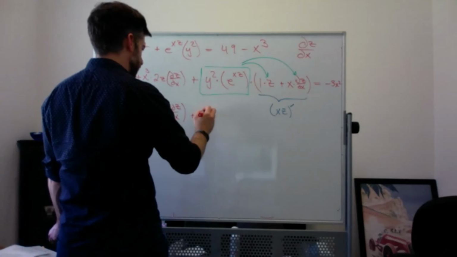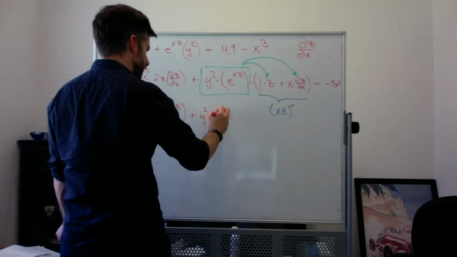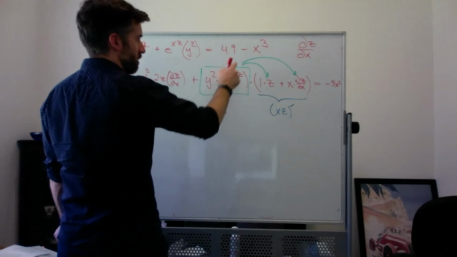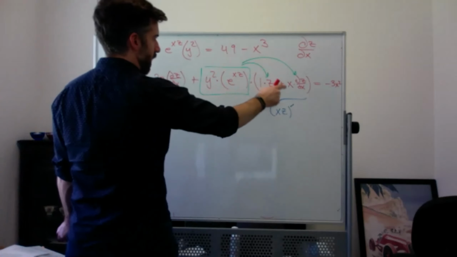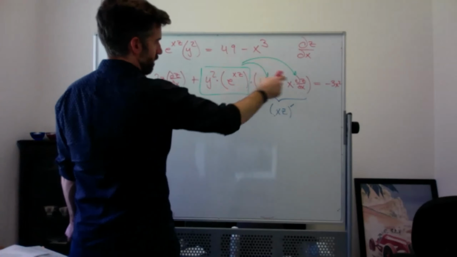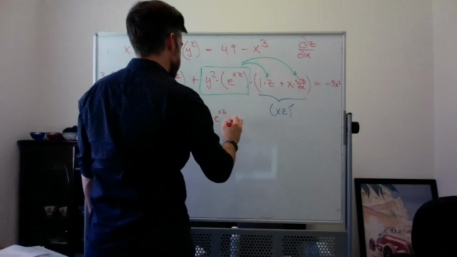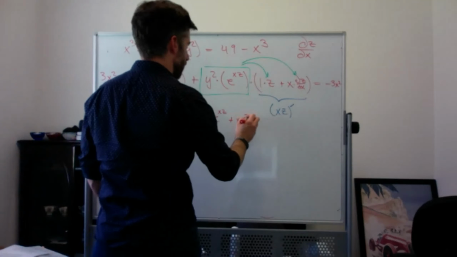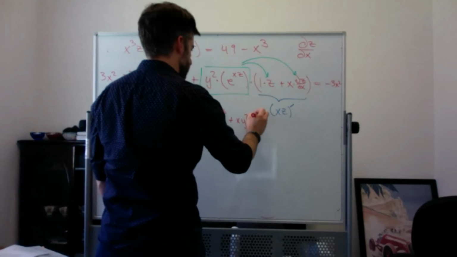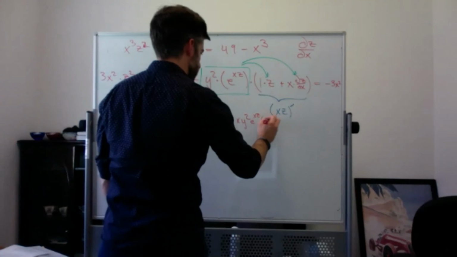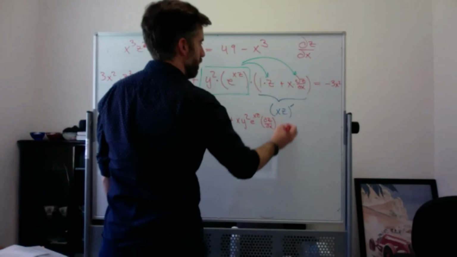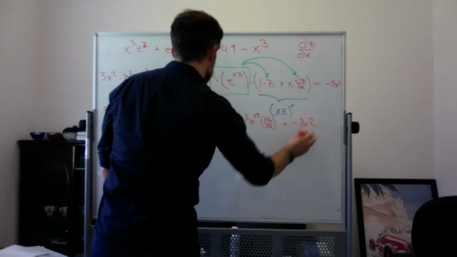That's going to be y squared z e to the x z. And then times that is going to be y squared x times e to the x z times del z del x. So that's a lot. So x y squared e to the x z del z del x equal to negative 3x squared.